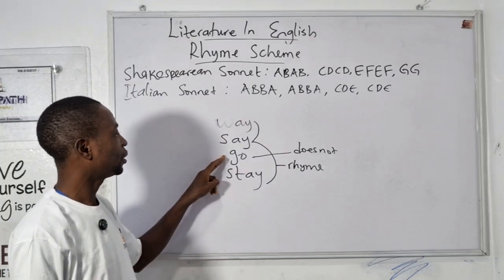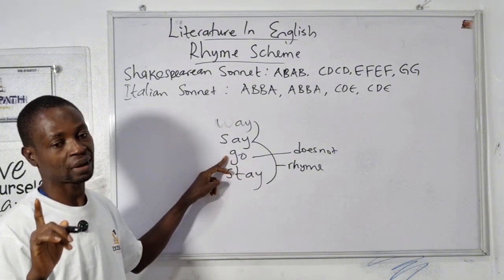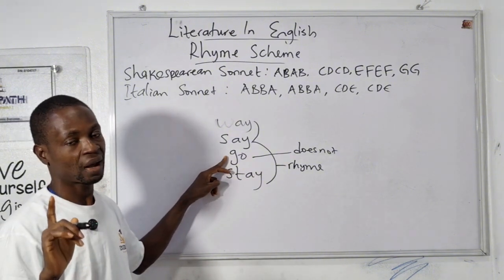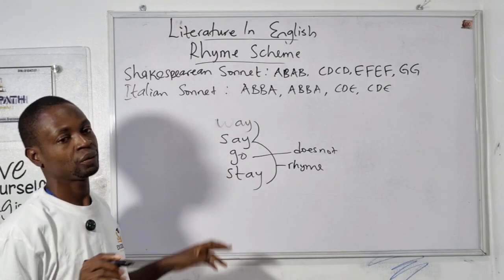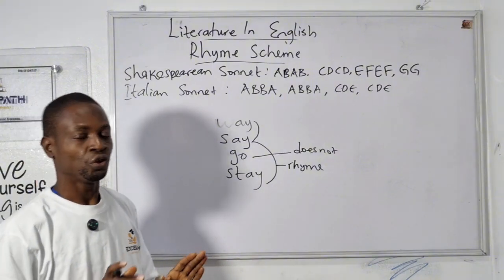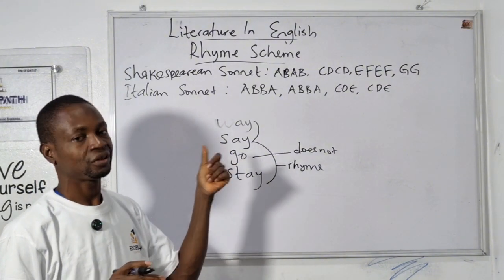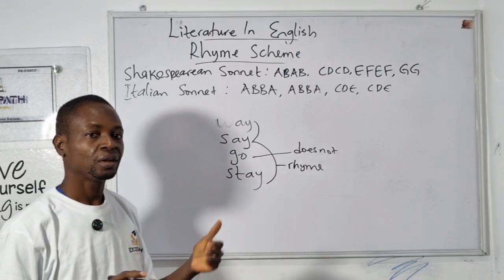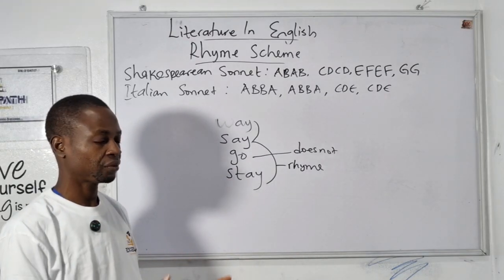In that case, the odd one here is go because it has the O sound, while the other three have the A sound. So if you know this very well in English language, it will be easy for you to understand rhyme in literature because the rules are transferred from English to literature.